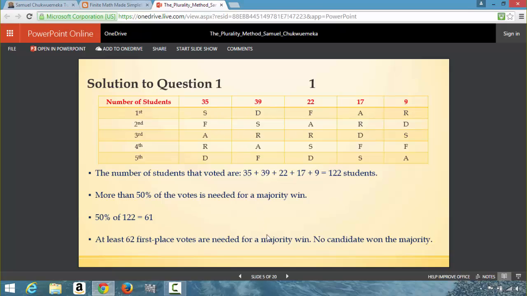We have this conventional preference schedule. First of all, we find the number of students that voted, and that is 122 students.